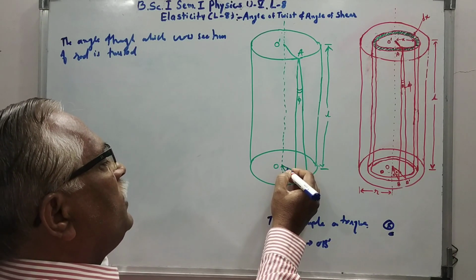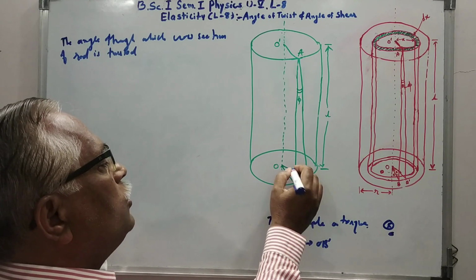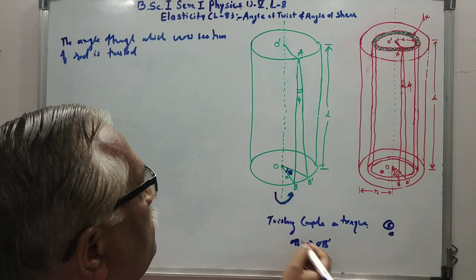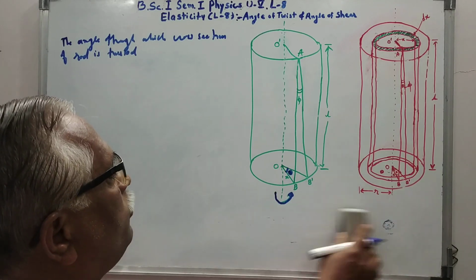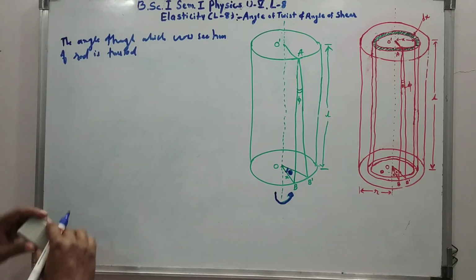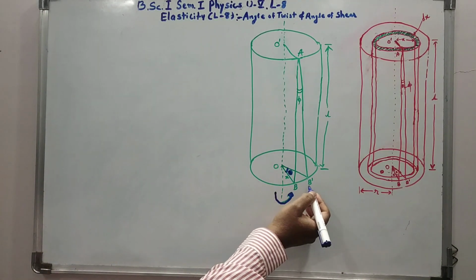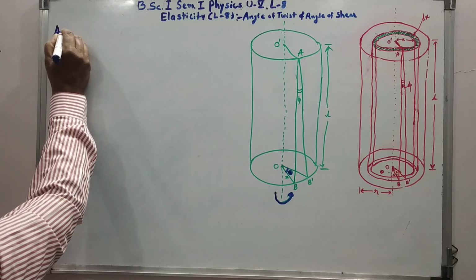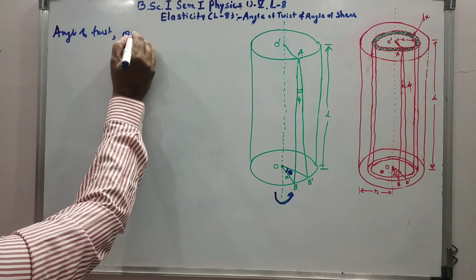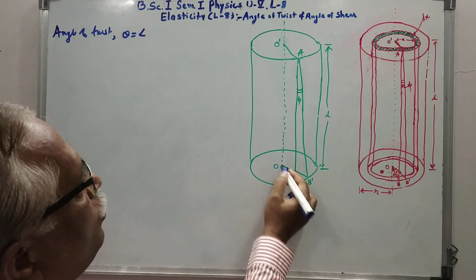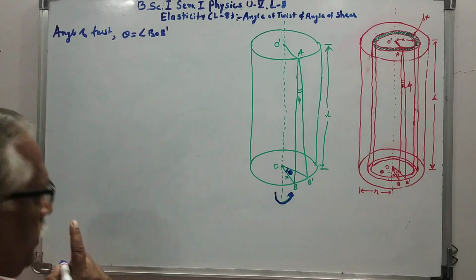So the rotation of OB takes place through an angle theta, and this theta is the angle of twist. Theta is the angle BOB dash.